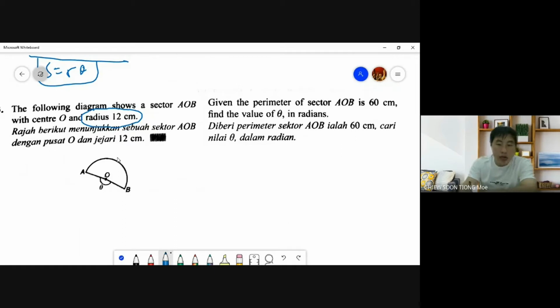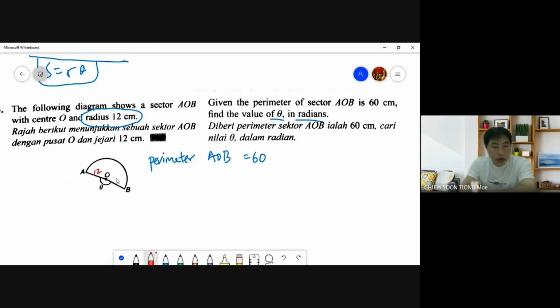Perimeter, you write down the answer. Perimeter AOB equals 60. Find the value of theta in radian. So once you get the perimeter, you write down whatever information you got.